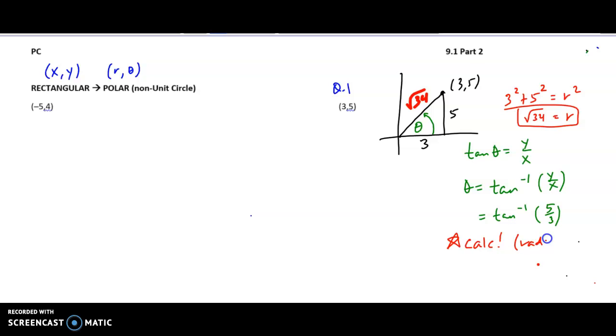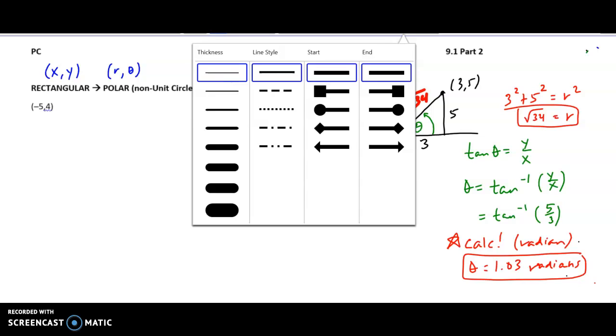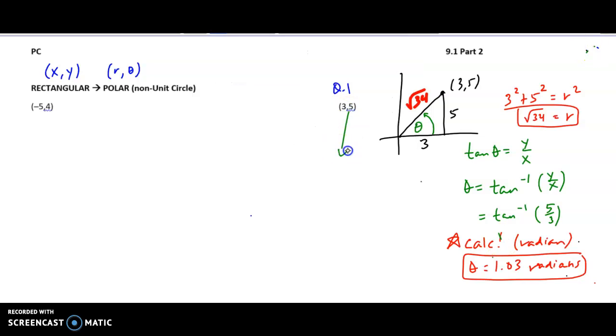Make sure you're in radian mode, and you do the inverse tangent of 5 over 3, and you should get 1.03, and that's going to be radians. That's theta. So your coordinate point of 3 comma 5 in polar is going to be root 34 comma 1.03.